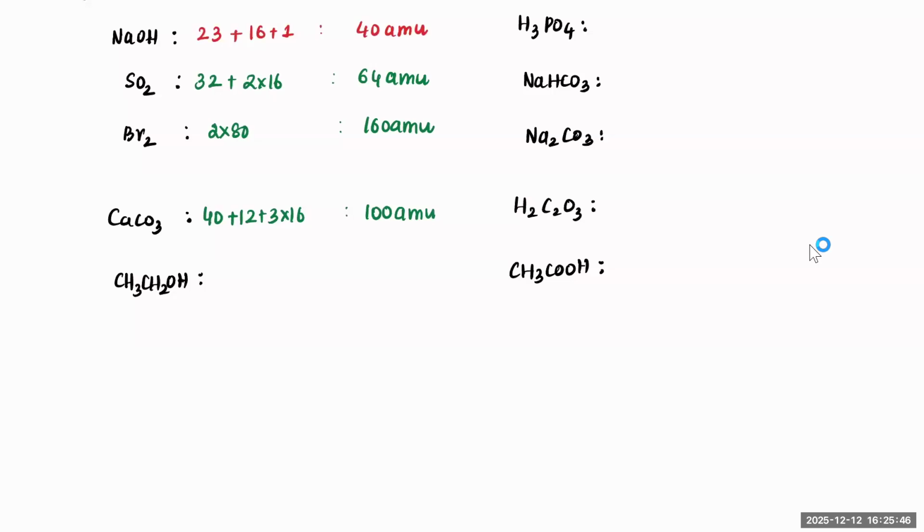Next, there are 2 carbons, so 2 into 12 plus 6 hydrogens plus 16. So that is 46 AMU.